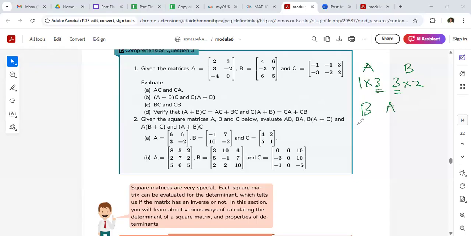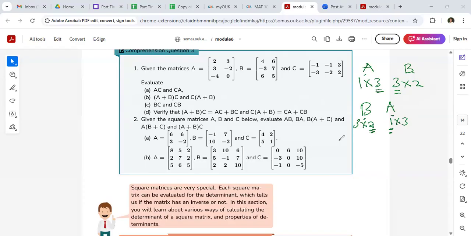Are they conformable for multiplication? Tracy, are they conformable? No, they're not. Why? Since B is of order 3 by 2 and A is of order 1 by 3, the number of columns in B is not equal to the number of rows in A. So you can have a case where A and B are conformable for multiplication, but B and A are not.